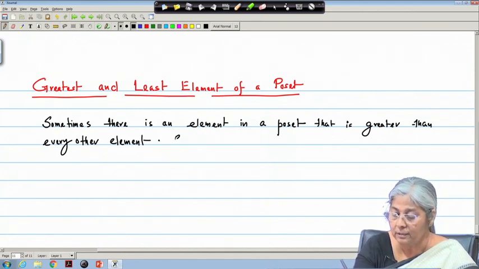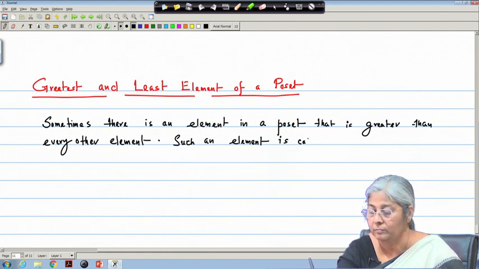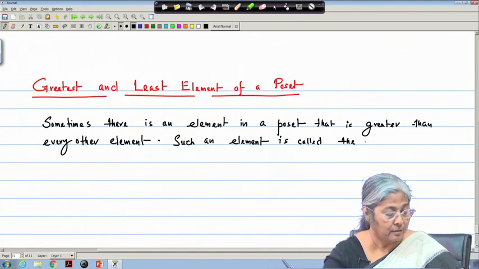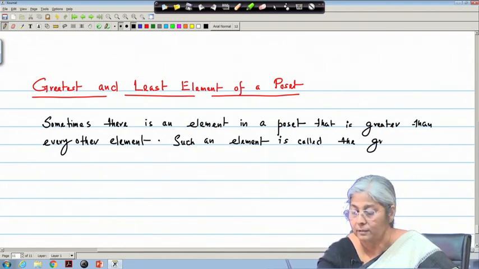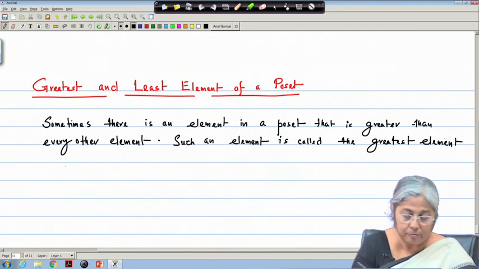Such an element is called the greatest element of a poset.